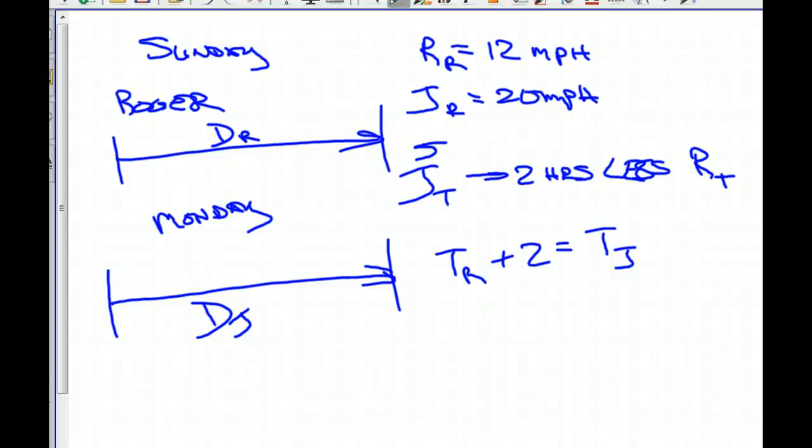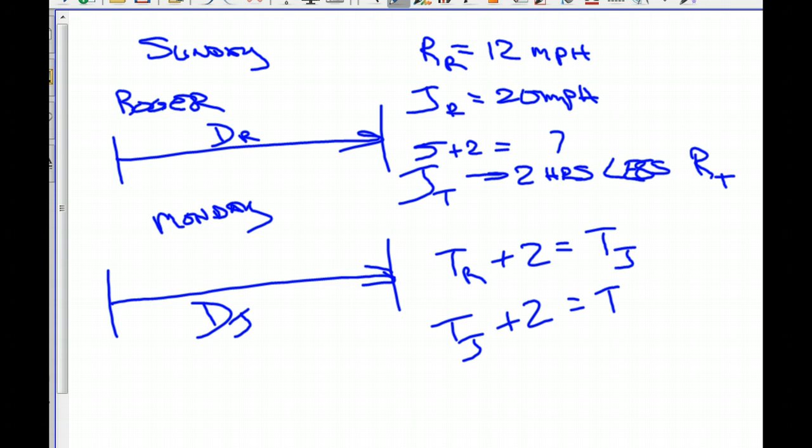So if Judy's time took her 5 hours and it was 2 hours less than Roger's, how long did it take Roger? So how do I make these equal? Add 2 to 5. So I added 2 hours to whose time? Judy's. Oh, yeah, I had it right. So it's the time of Judy plus 2 equals the time of Roger.